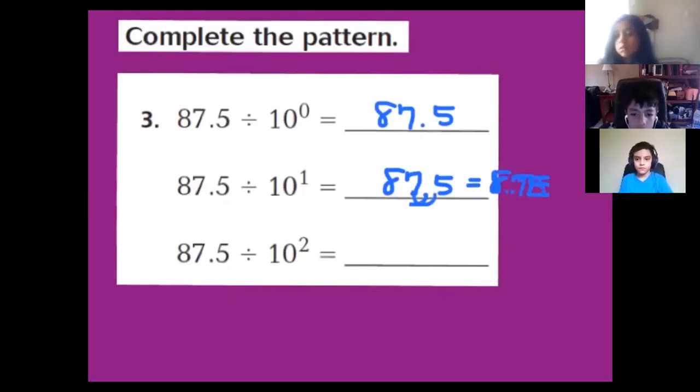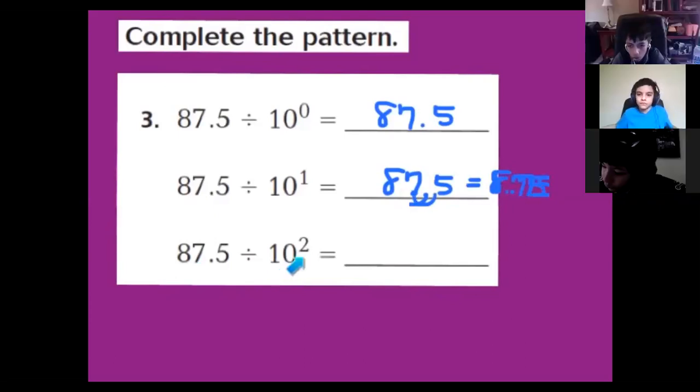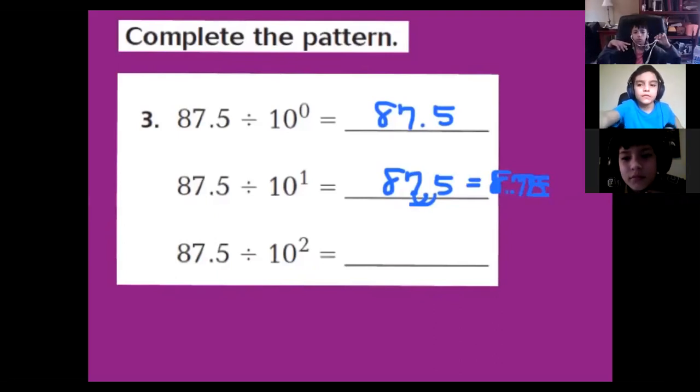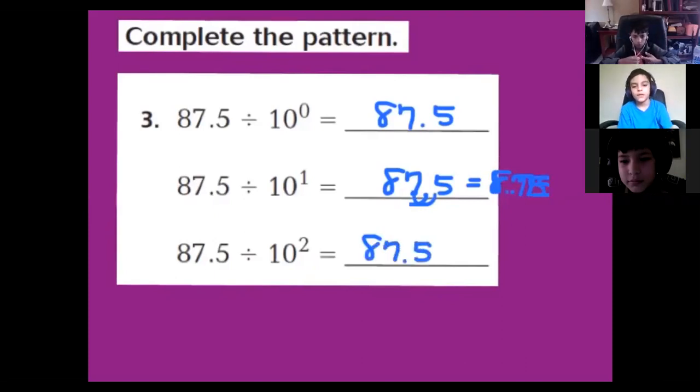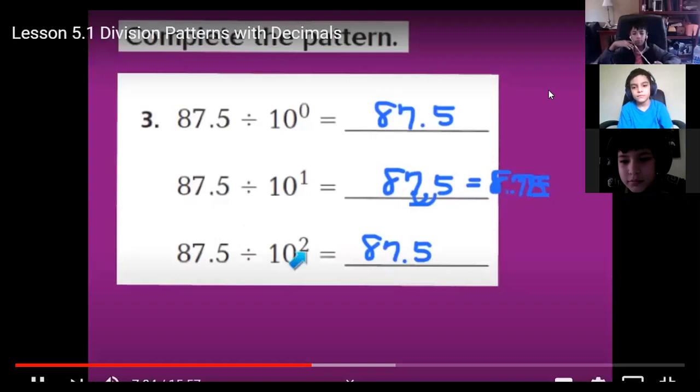Now, let's take a look at the third part in this pattern. We have 87 5/10 being divided by the second power of 10. Well, what I know here is my exponent is now a 2. So what that means is I'm going to have to move the decimal point 2 places to the left. So I'm going to write down my 87 5/10. And once again, because my exponent is a 2, I'm going to move that decimal 2 places to the left.